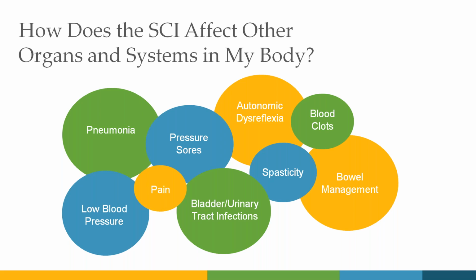So if you don't have the ability to exhale air quickly, to cough, right? If you or I get a cold, we're able to cough up the stuff that kind of builds up in our airways in our chest, and we're able to get it out. Individuals with a cervical level spinal cord injury that maybe don't have the ability to cough very well to clear their airways are more susceptible to pneumonia, especially from the common cold.